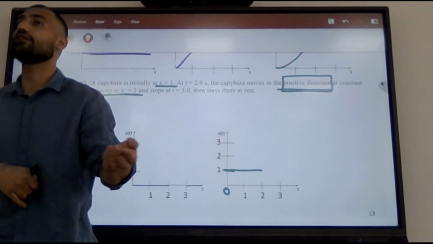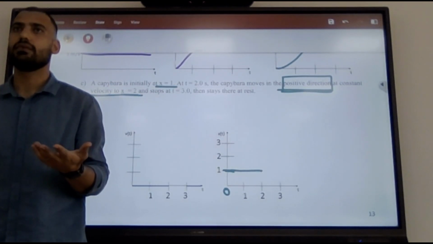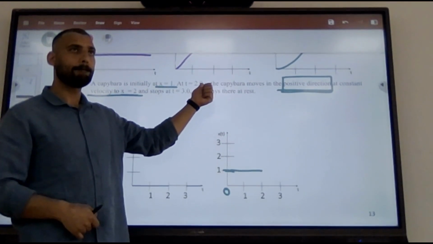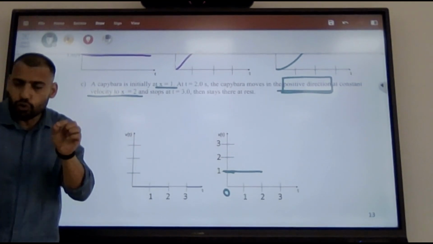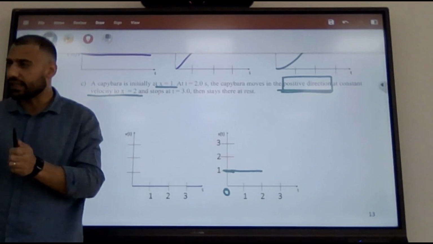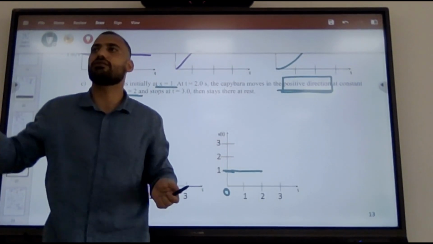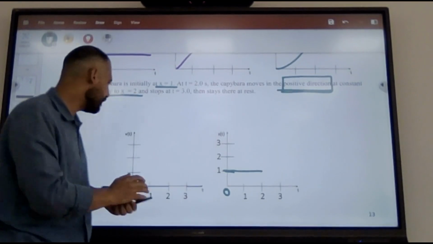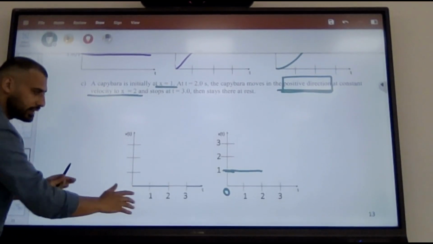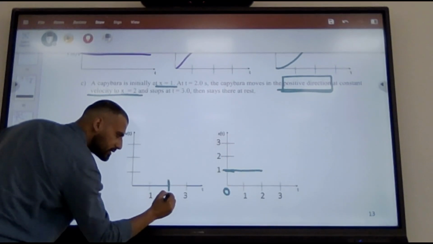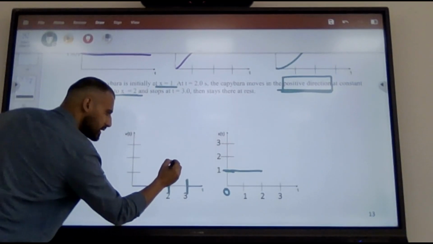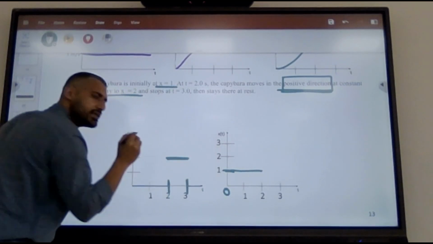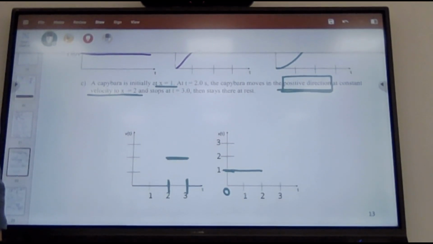So velocity is constant from 2 to 3 seconds. Is that fine?